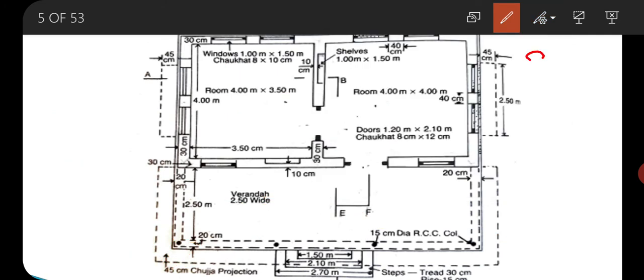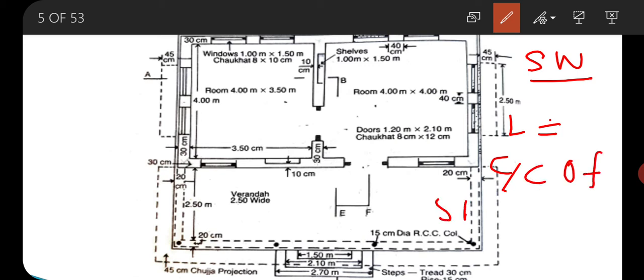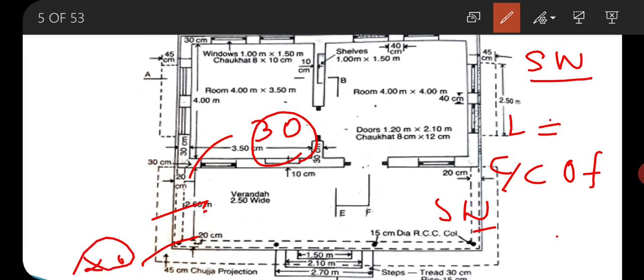Clear? So this is about your long wall. Then we will move to the short wall. What will be the length of the cement concrete work along the short wall? See, these two are the short walls, and these short walls are connected on one side to a 30 centimeter wall and on another side to a 20 centimeter wall.